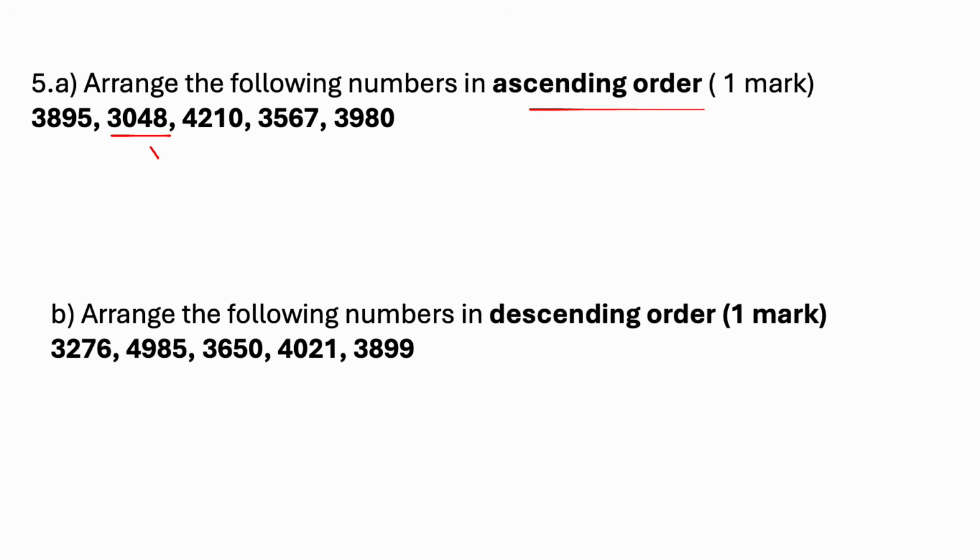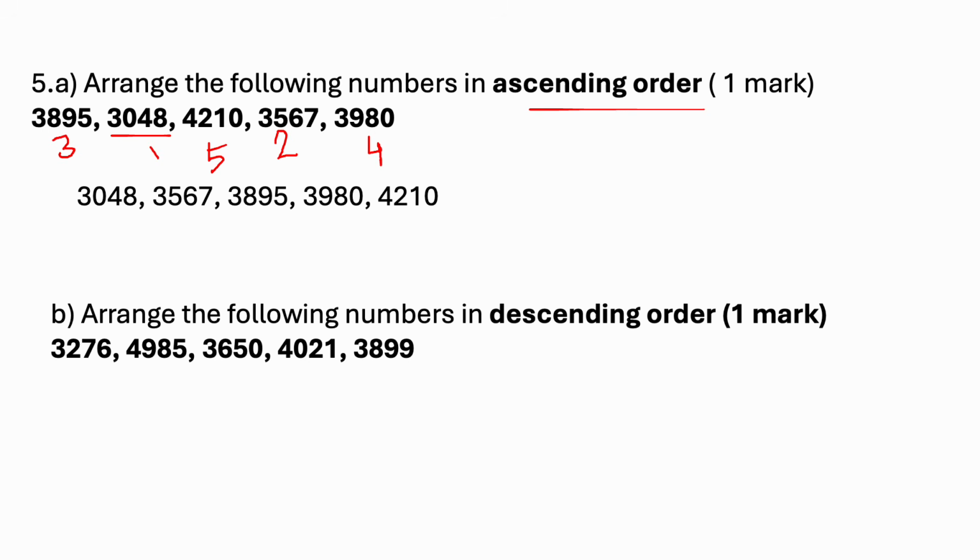Then, next smallest number is 3567. Next smallest number 3895. Next smallest 3980. The next one 4210.